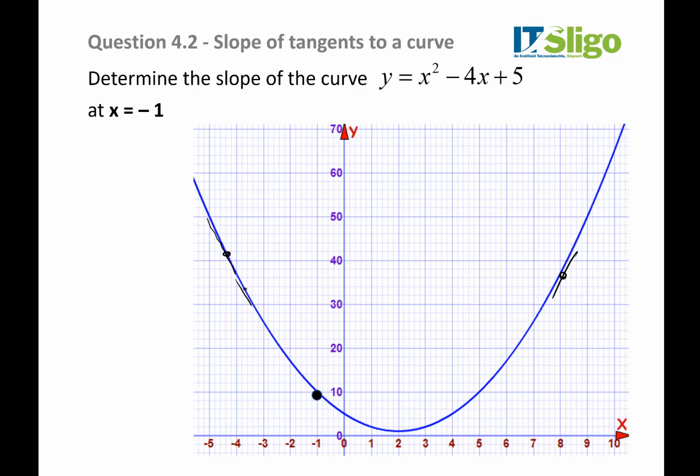So on most curves the slope, even if you move a centimeter, a micrometer away, the slope changes infinitesimally. So on a curve your rate of change is continually changing. So I let you guys have a go at that one. Determine the slope of that tangent at the point of interest, x is -1.